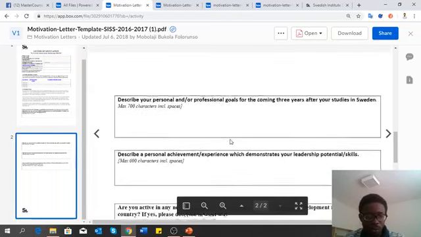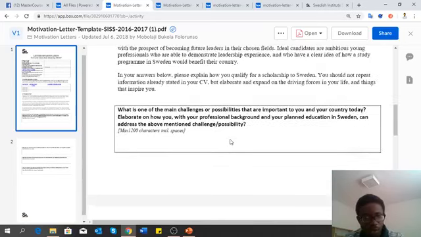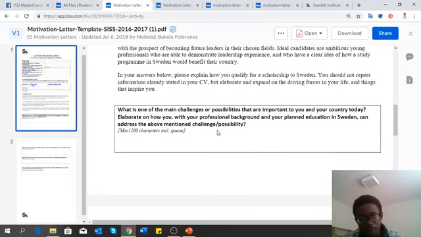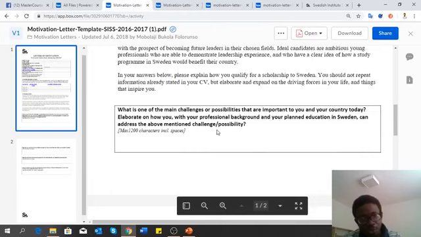For 2016, there were 4 questions. The first one is, what is one of the main challenges or possibilities that are important to you and your country today? Elaborate on how you, with your professional background and your planned education in Sweden, can address the above mentioned challenge or possibility.